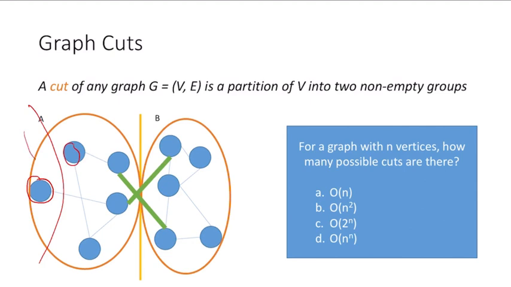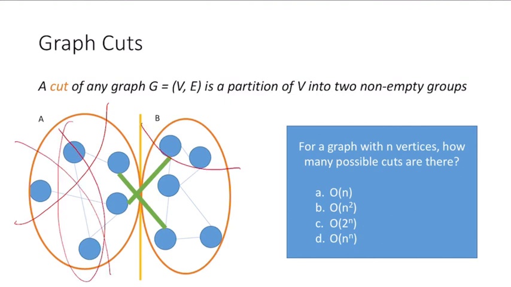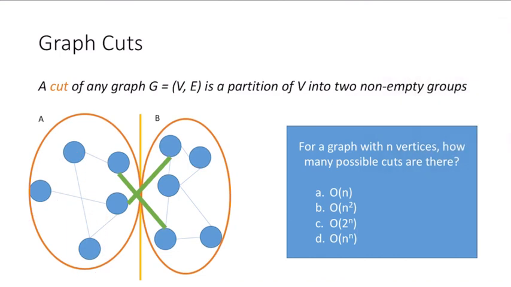I could single out this vertex, that's another cut, and so on. So I can pretty easily come up with n cuts, and that's just by singling out each vertex individually. But then I can also section them out by twos, and I can do that n over 2 times, or more than n over 2 times actually. So it should be pretty easy to eliminate the big O of n answer.